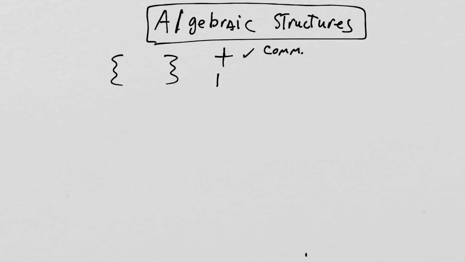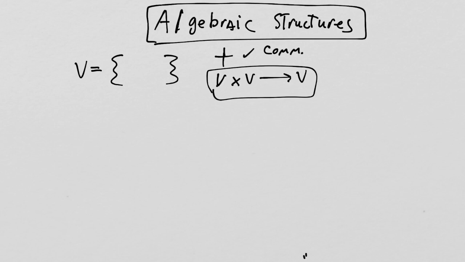It's a binary operation in that if this was the set V, it goes from V cross V into V, which means it's closed under this operation. That's a fancy way of saying it's closed, by the way. Right, you take any two elements of V, you execute this binary operation, which would be called addition, and you get an element of V.